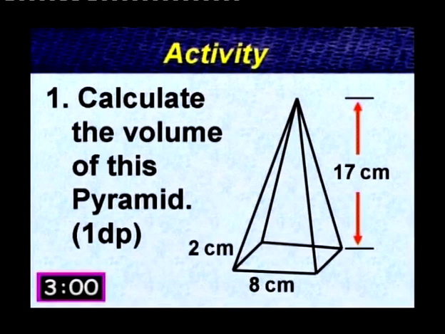To the receiving students, your activity is on the screen. Use the formula for calculating the pyramid volume to work out your answer. Make sure your final answer is to 1 decimal place. You can work in pairs. Make sure you calculate your answer correctly.